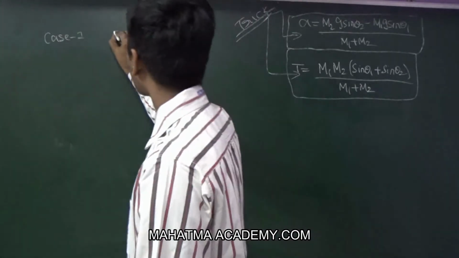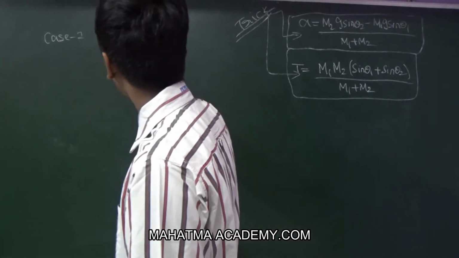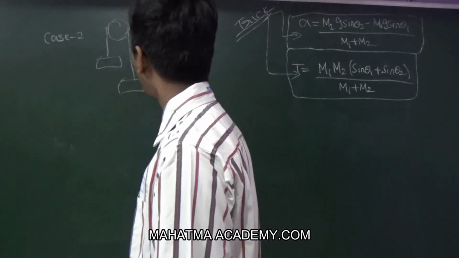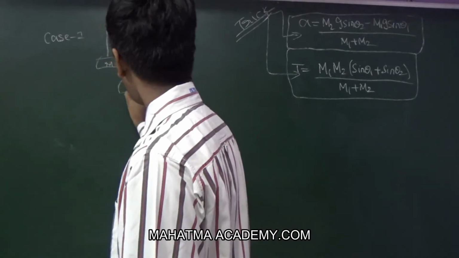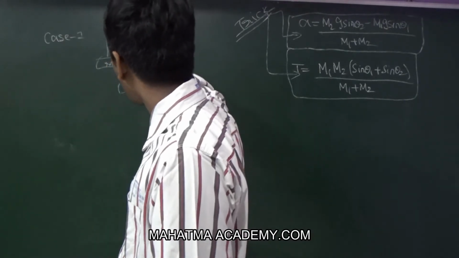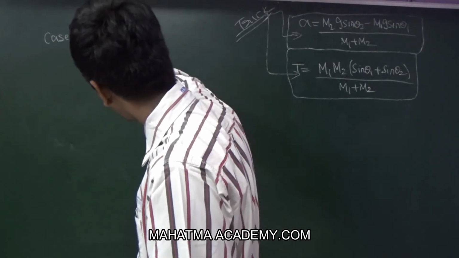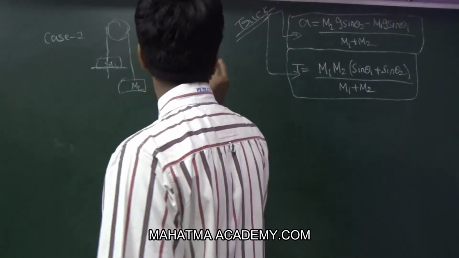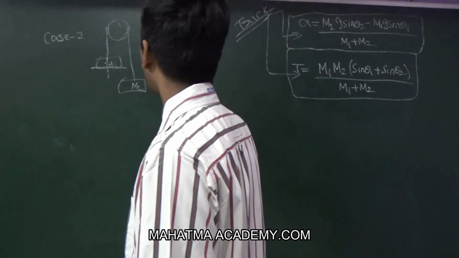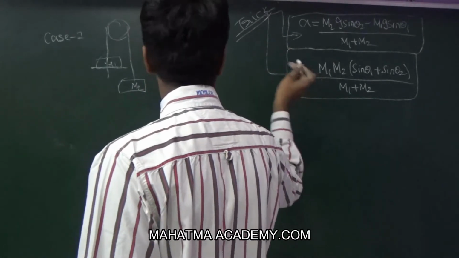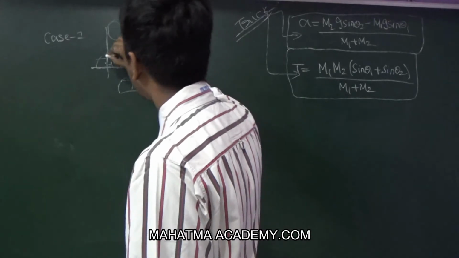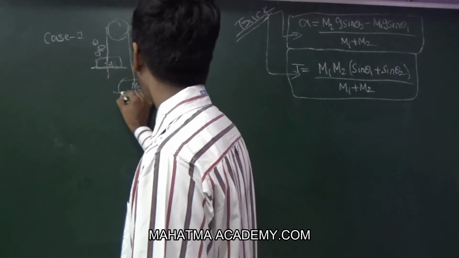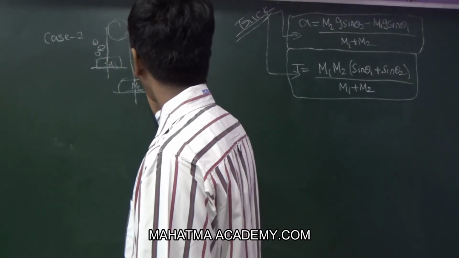Or first we will see the case 1. Case 1, okay? Here, a pulley having two masses M1 and M2. Now, the angle here is 0. Okay, the angle is 90 degrees.